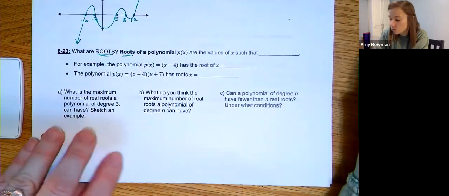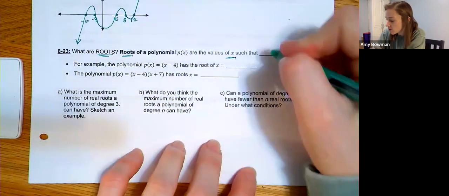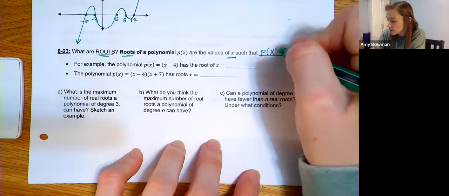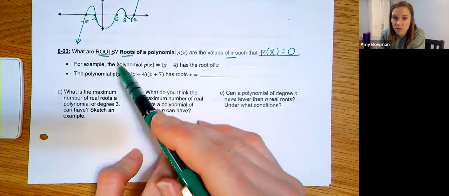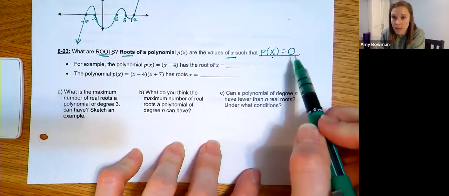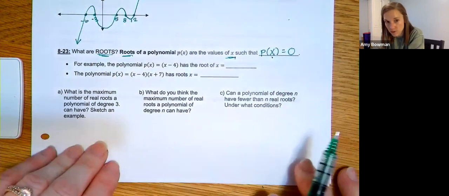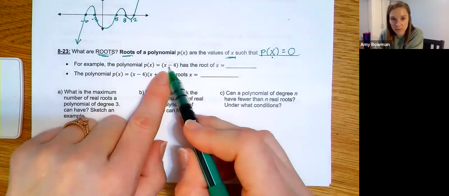Okay, so roots of a polynomial are those x values that make the polynomial equal 0 when you plug those x values in. So this is the formal definition. If you plug in a root, it's an x value, it will make the whole polynomial equal 0. For example, check out this polynomial, x minus 4.